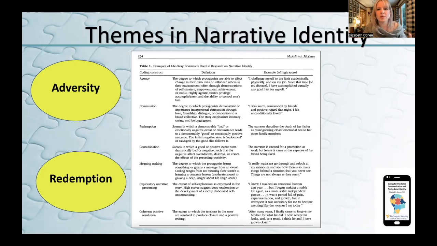when you study people's narrative identity, that identity they have as a product of where they've been, where they are, and where they're going. And it makes sense then.